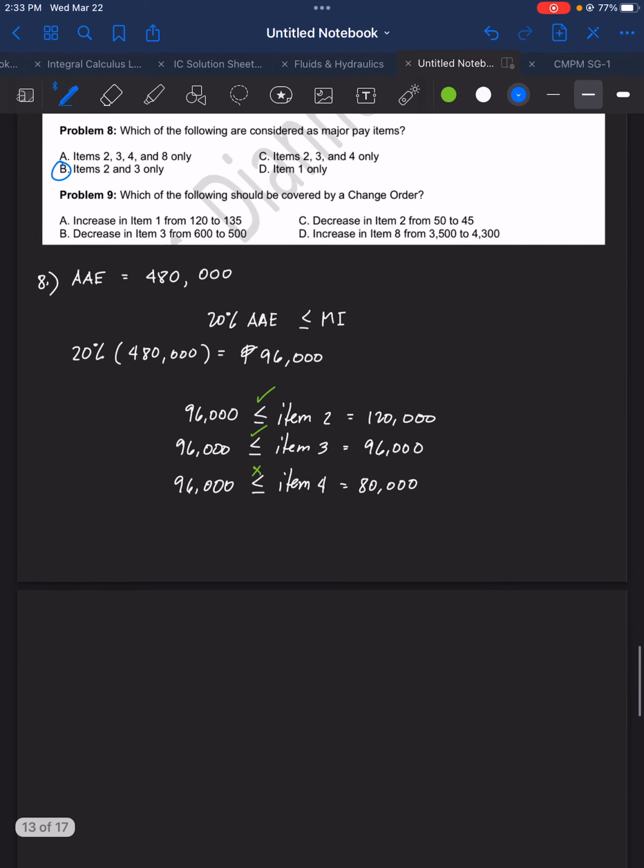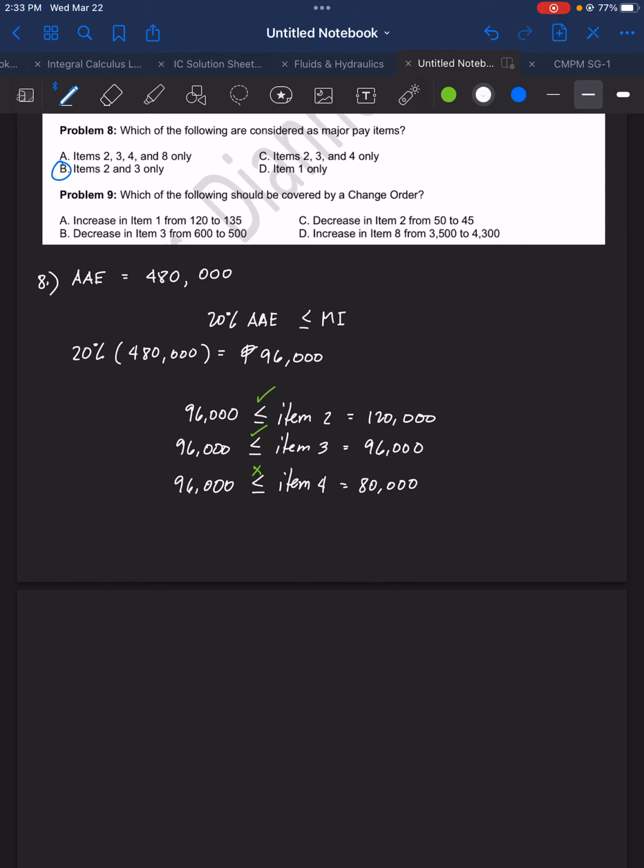Next, number 9: which of the following should be covered by a change order? The meaning of a change order is that when the project cost submitted during bidding encounters some modification in the actual construction process, there is a need to change either the quantity or the price of the item. So it happens in the actual construction.